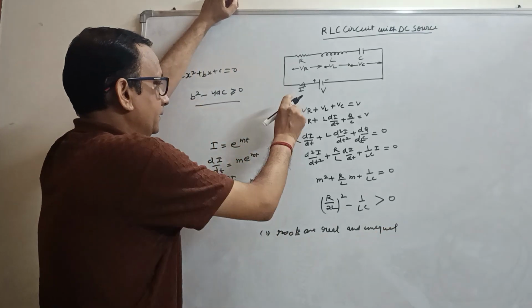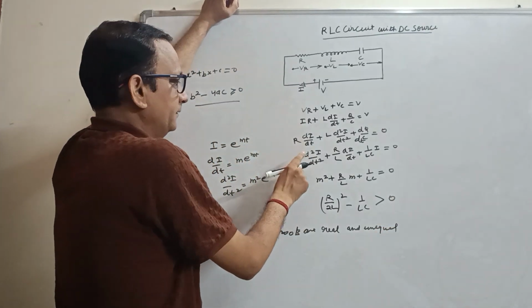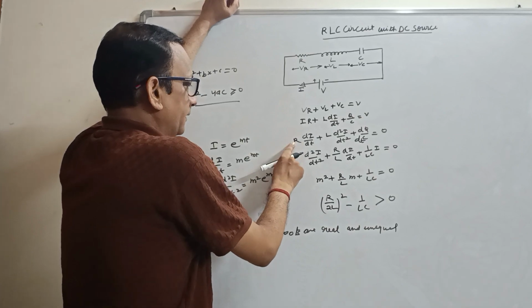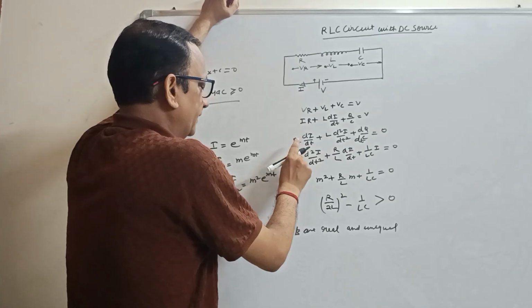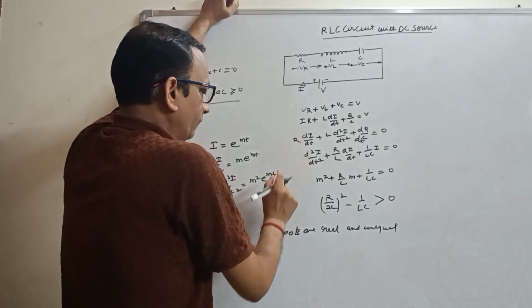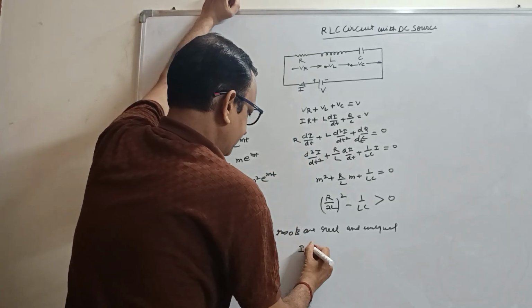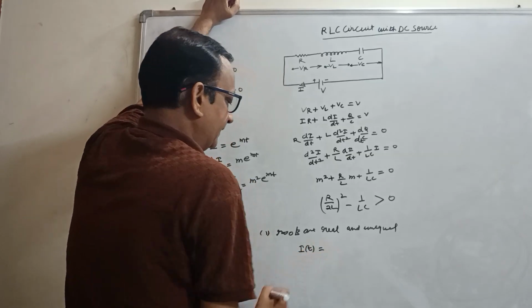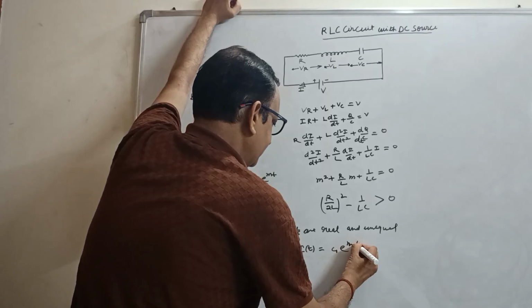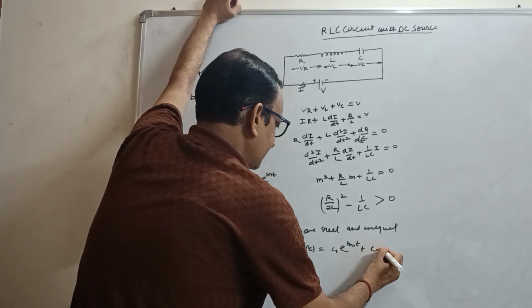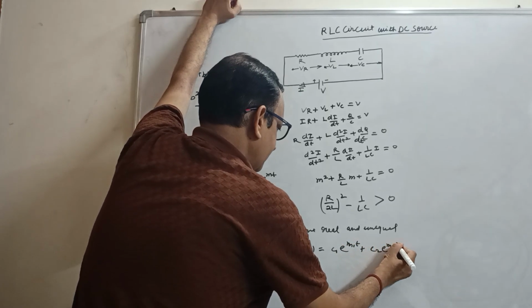So the solution for this second order differential equation would be I at time t, the current at time t, that is C1 e raised to power m1t plus C2 e raised to power m2t.